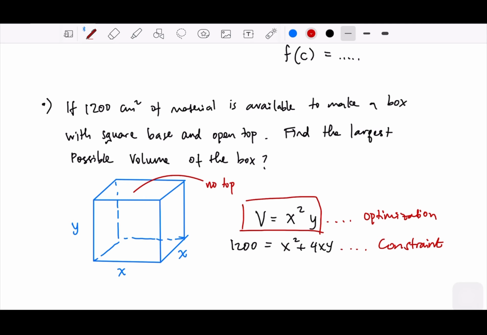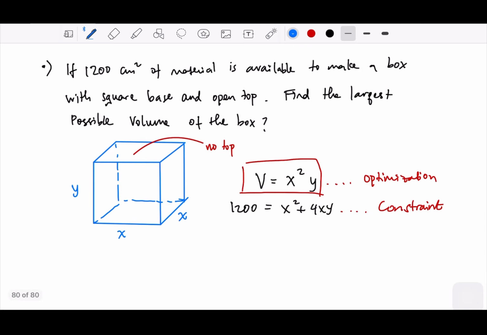The first thing we can do is apply our constraint inside our optimization. And later we can derive to find our critical point, in which we are going to find the maximum value, right? So let's rewrite this, and let's write in terms of y.